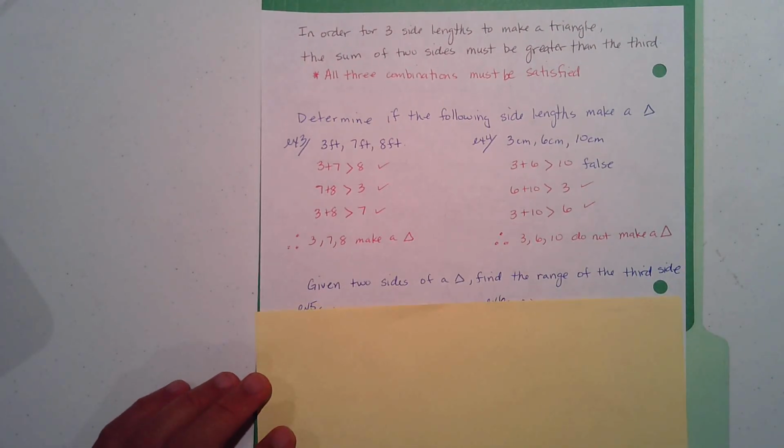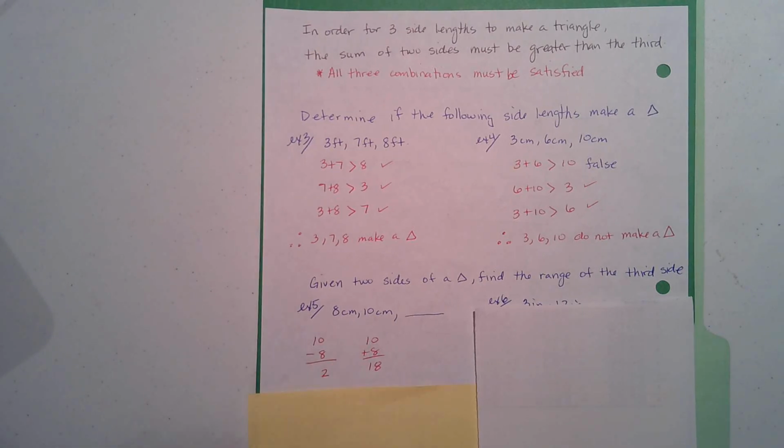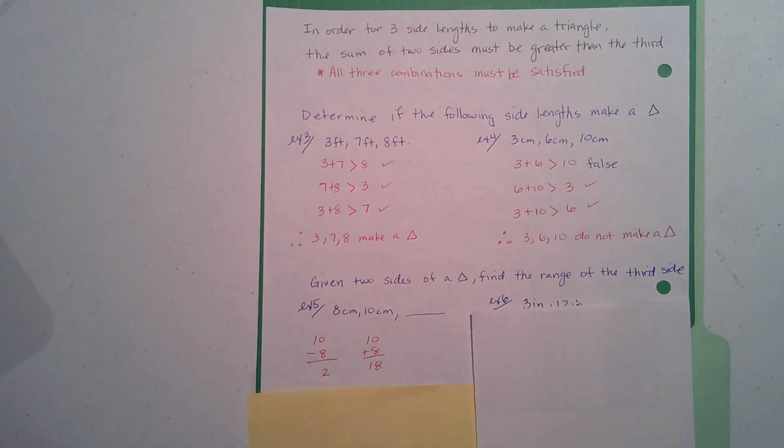Okay. Next example. Given two sides of a triangle, find the range of the third side. So we're trying to figure out what the third side could be. Now we have 8 centimeters, 10 centimeters. What can that third side be? You're going to take the difference of the two sides that were given, and you're going to take the sum.